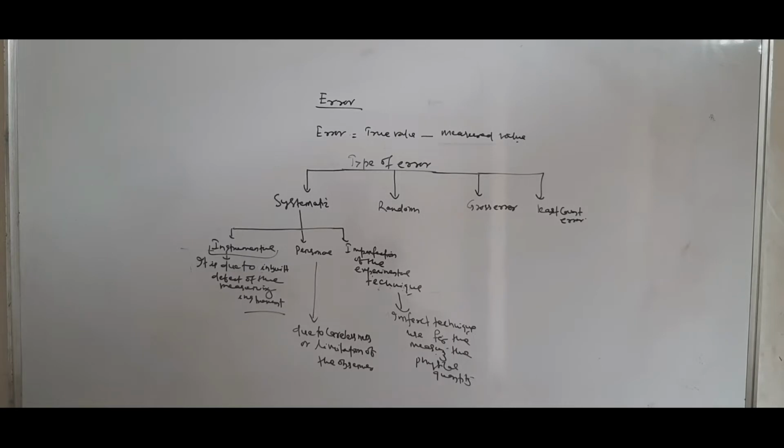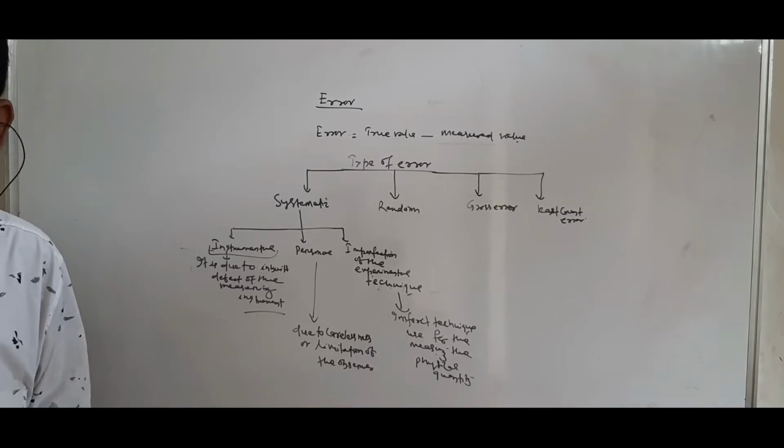Sometimes they may be big or other times small. So these errors are due to some unknown reasons and are so called chance errors. The random error can be minimized but cannot be eliminated. It can be minimized by taking a large number of observations.